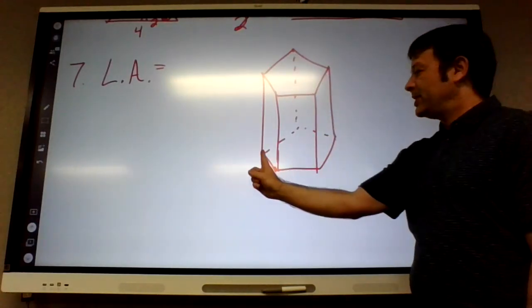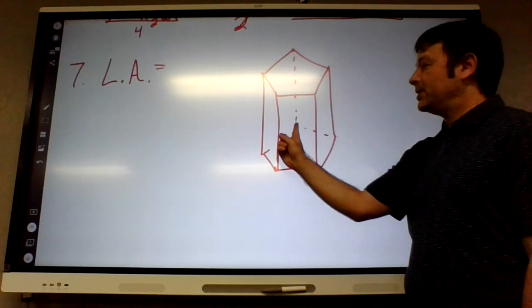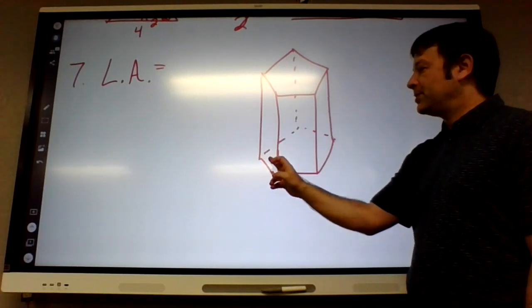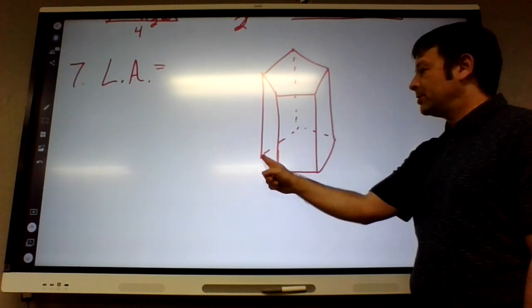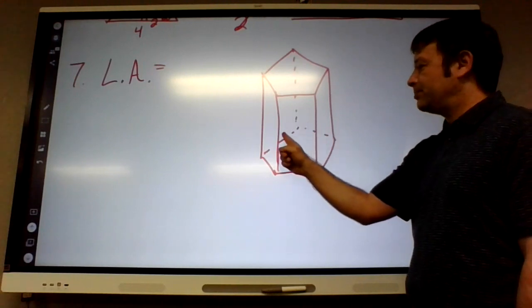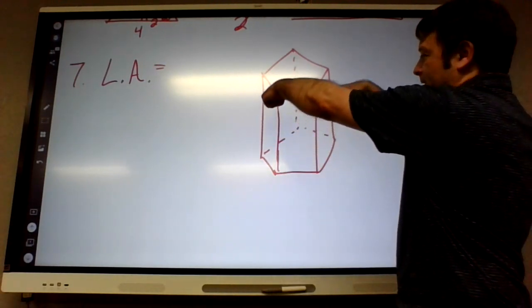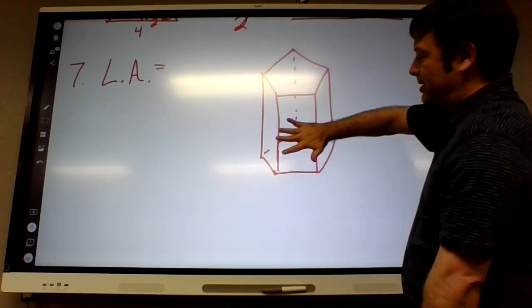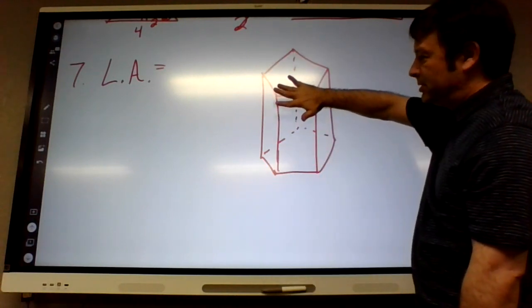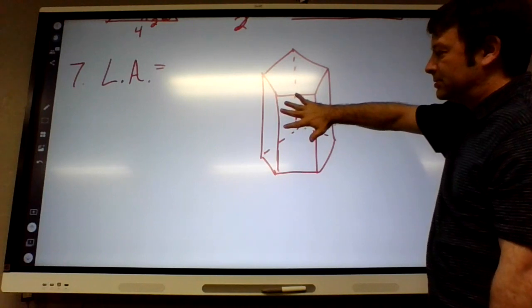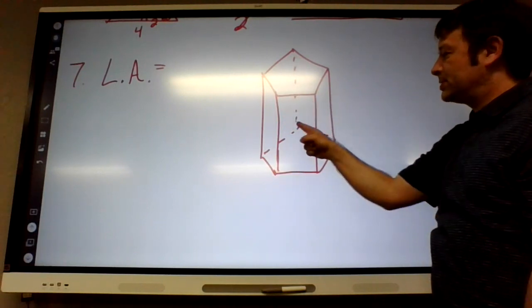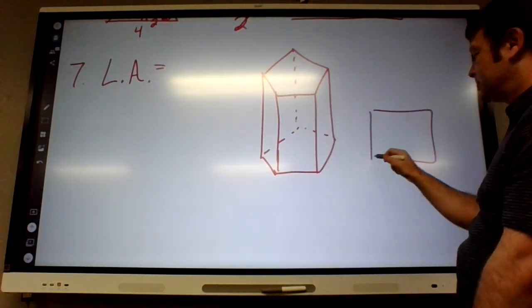The perimeter of the base tells you how far around it is. So imagine this outside pentagon turning blue. Then when you multiply by the height, it's taking it up the sides, so all these sides are turning blue. And that's the lateral surface area. It's kind of like when you do a rectangle, it's just this times this.